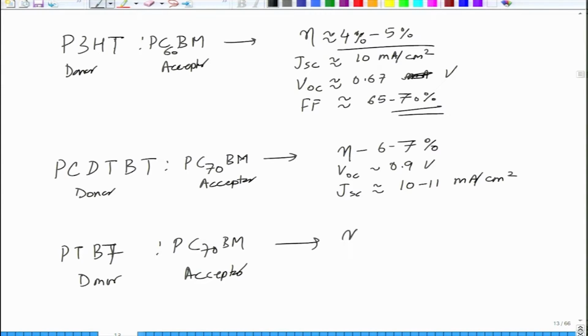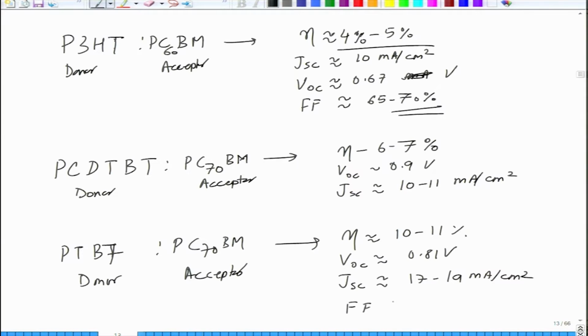These devices give you efficiencies of 10 to 11%. VOC is of the order of 0.8 volt, 0.81 volt roughly. JSC is of the order of 17 to 19 milliamps per centimeter square. Fill factor is about 70 to 75%.